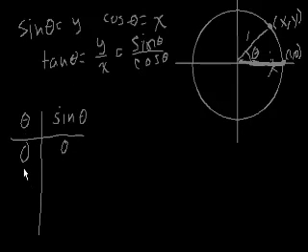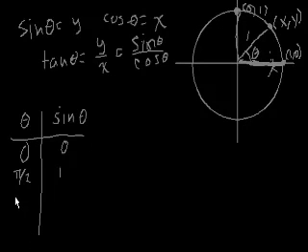What is sine of theta when theta is equal to pi over 2? Now our radius is this radius, and we intersect the unit circle right here at the point 0, 1. And what's the y coordinate at 0, 1? Well, it's 1.